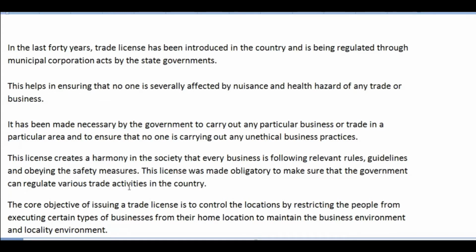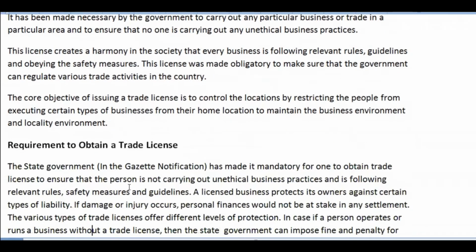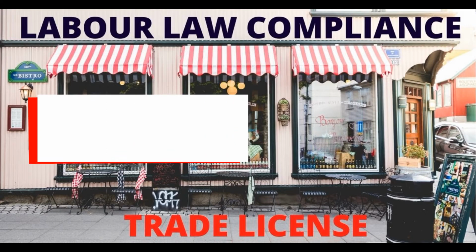The core objective of issuing the trade license is to control the location by restricting people from executing certain types of businesses from their home location, to maintain the business environment and the locality environment separately.